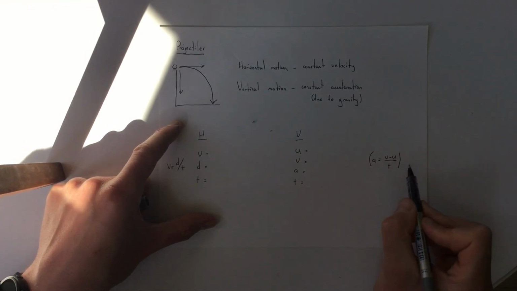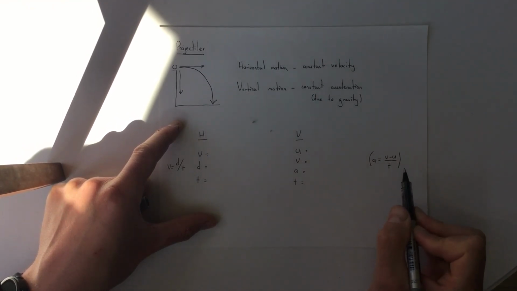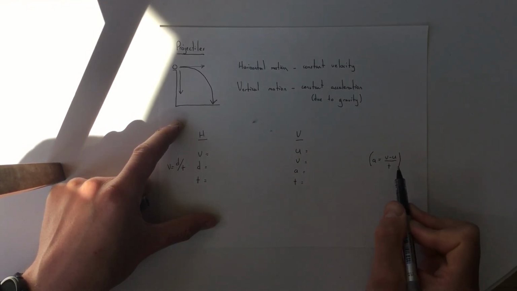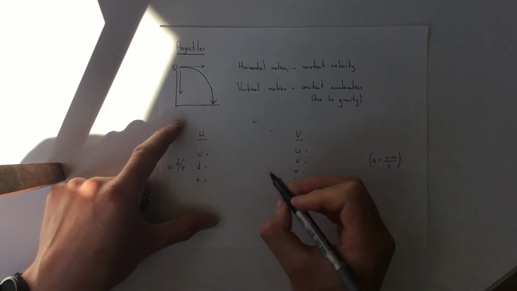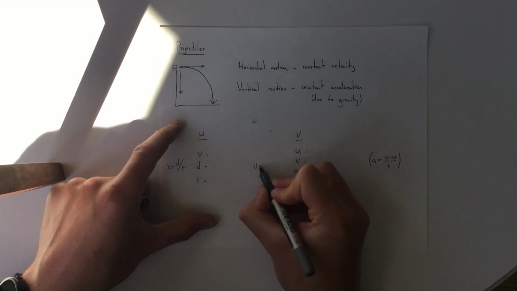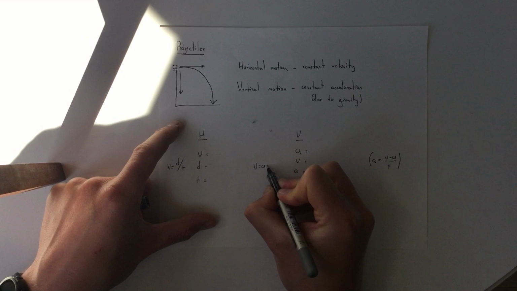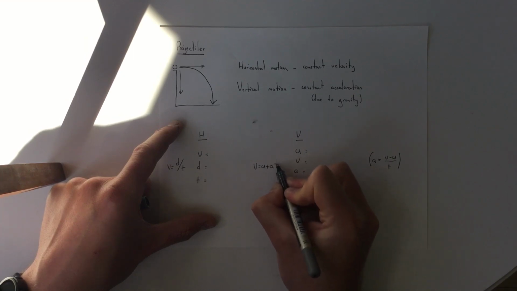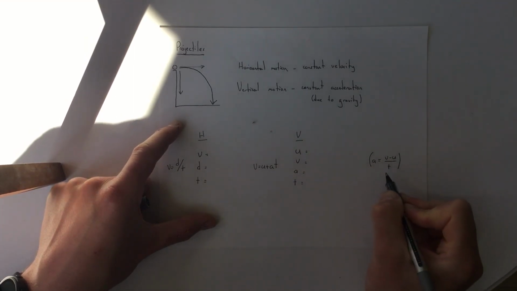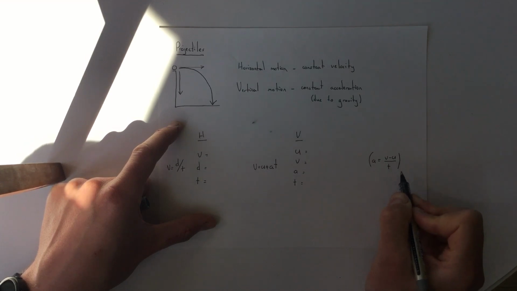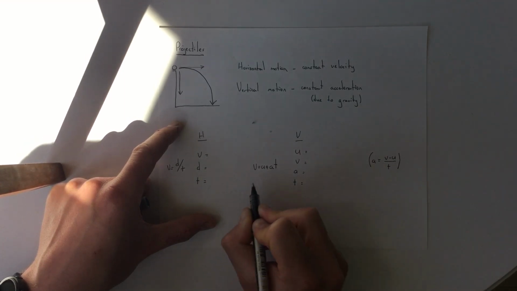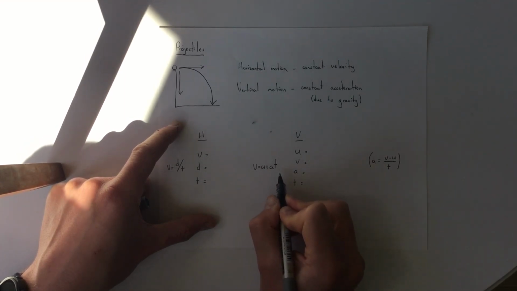That is not the format we normally like to use. One of the nicest formats we can use for this question is v equals u plus at. That is exactly the same equation, just rearranged. You can do the algebra, but it does get you v equals u plus at.